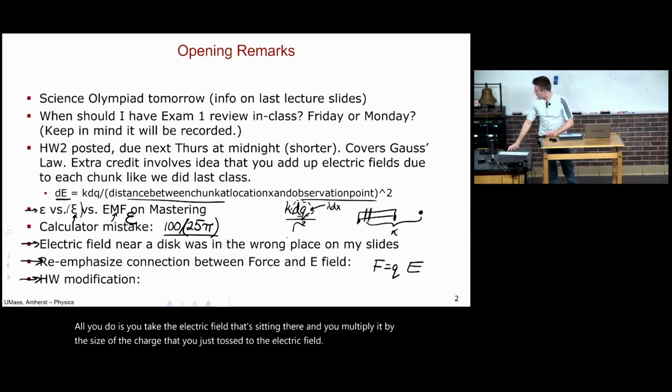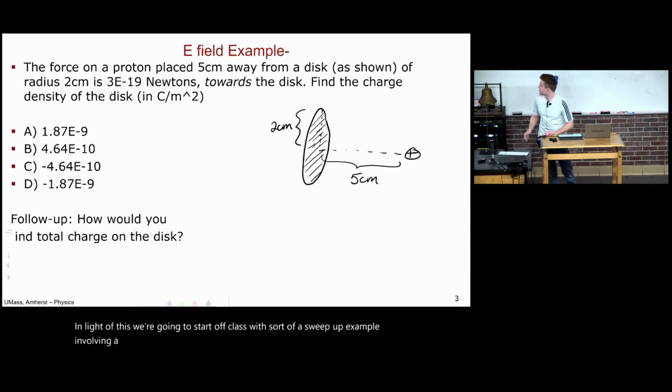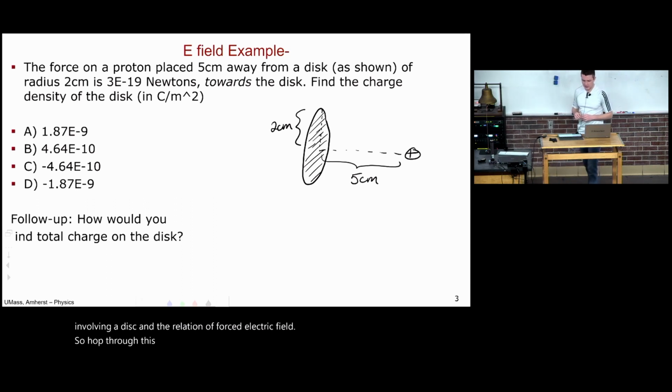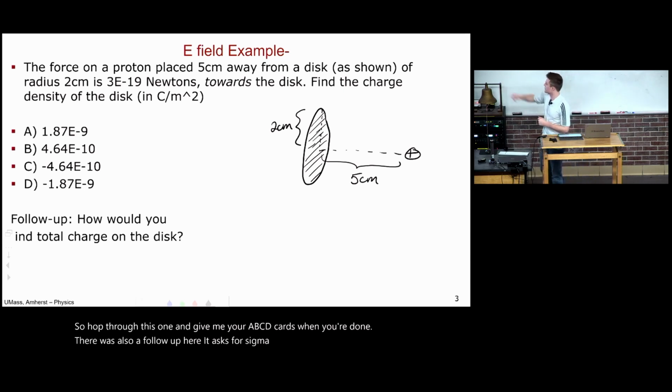In light of this, we're going to start off class with sort of a sweep-up example involving a disk and the relation of force to electric field. So hop to this one and give me your ABCD cards when you're done. There's also a follow-up here. It asks for sigma, but you can also find the total charge.